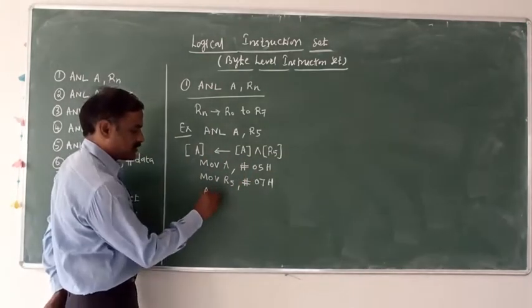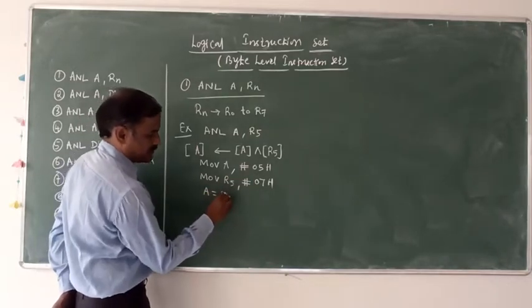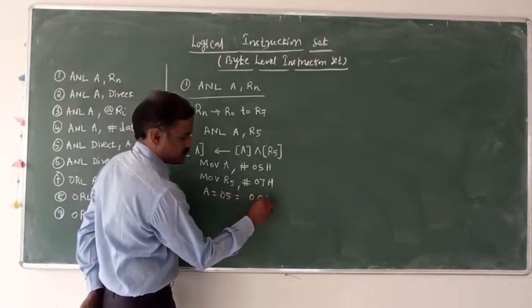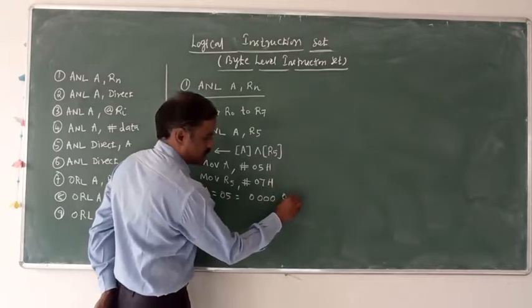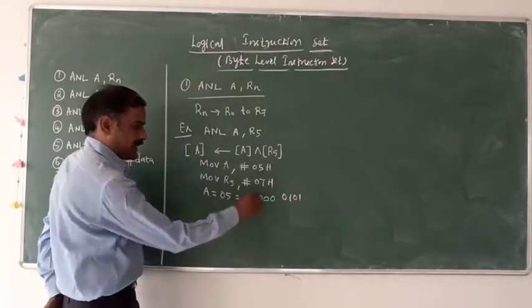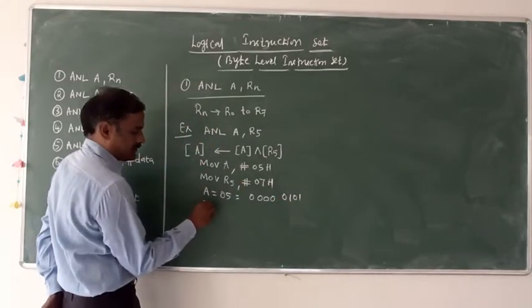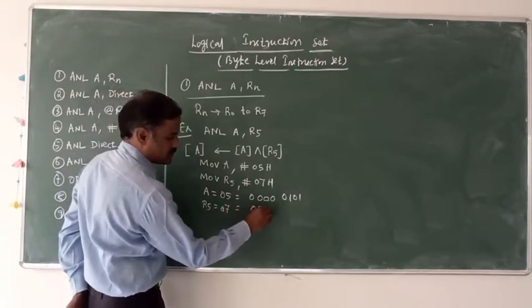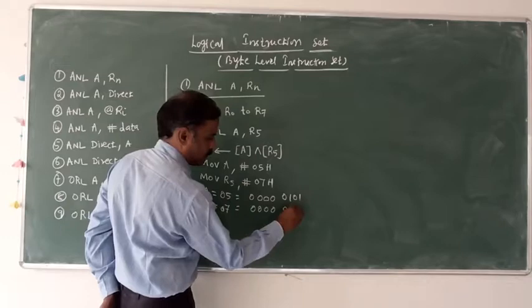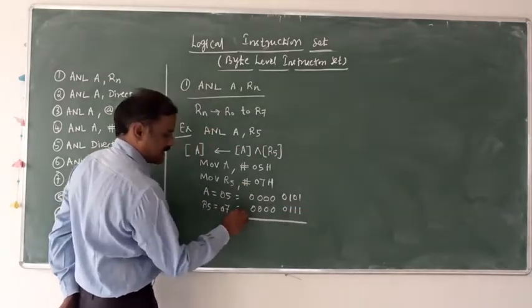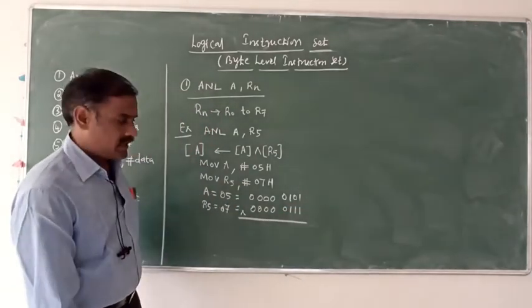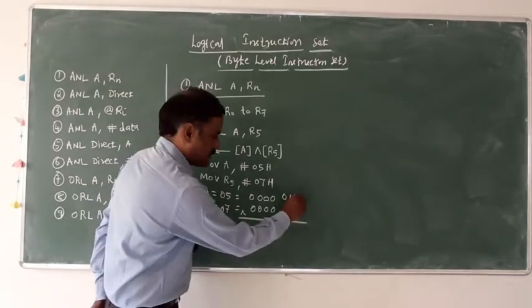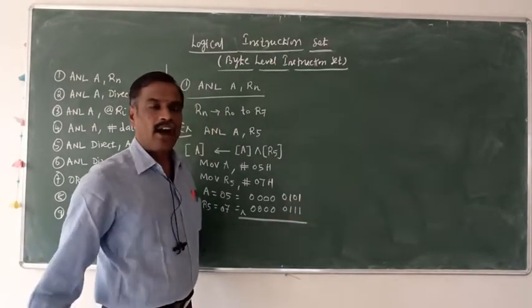Now register A equals 05, that is 0000 0101, and next register R5 is 07, that is 0000 0111. Now logically AND these two. In AND operation, if both inputs are high, output is high.